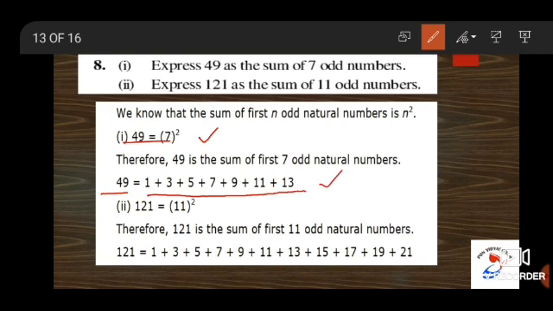We are using 7 odd natural numbers here. Similarly for 121, that is 11 square, you have to use 11 odd natural numbers. So 1 plus 3 plus 5 plus 7 plus 9 plus 11 plus 13. We have already taken 7. Then the remaining will be 15 plus 17 plus 19 plus 21.